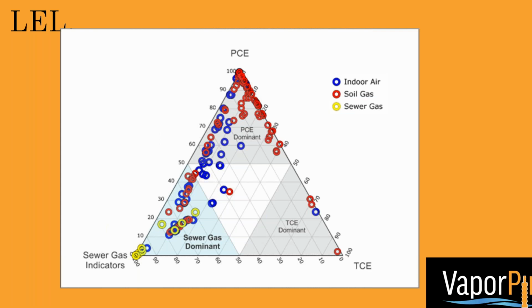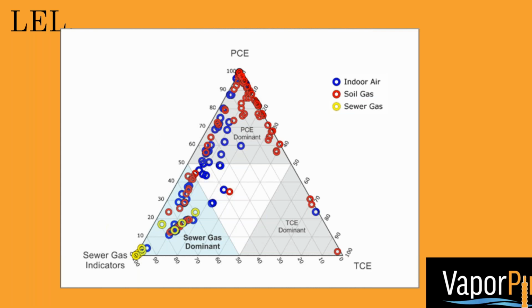This is a study we did of a bunch of points that we'd collected over the years. We went back and reviewed the chemistry, and we decided to include the sewer gas indicators, which would be brominated compounds, tetrahydrofuran, and a few others.